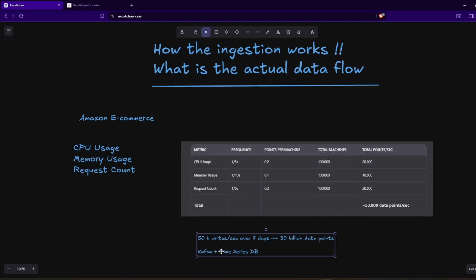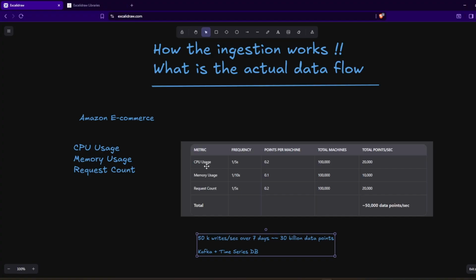So in our previous video we have seen that all the agents are basically the Kafka producers. Okay, so all the machines which are emitting the data of CPU usage, if you remember from that previous video, are basically Kafka producers.